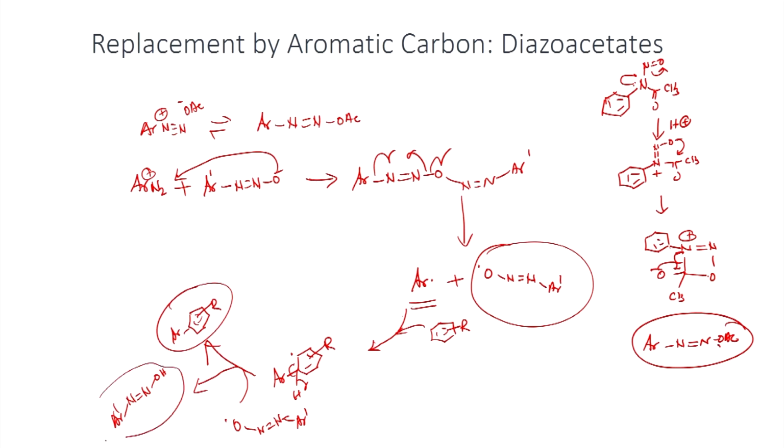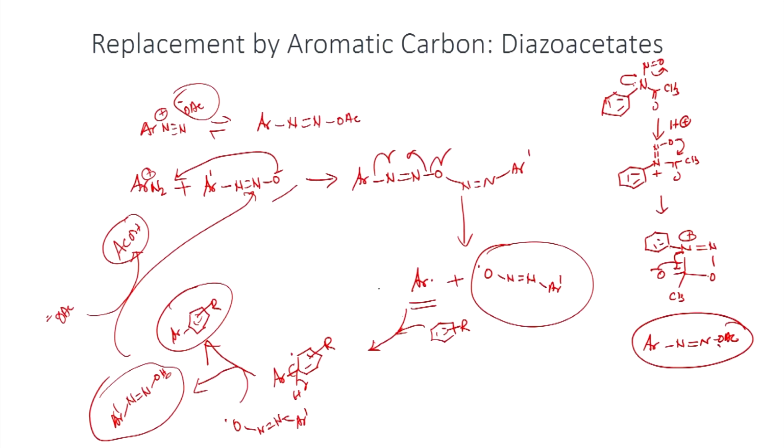Since you have the acetate in the reaction medium, the acetate, OAc minus, can deprotonate this proton and generate the O minus, which can further undergo reaction with the diazonium salt. The reaction can be facilitated like this.